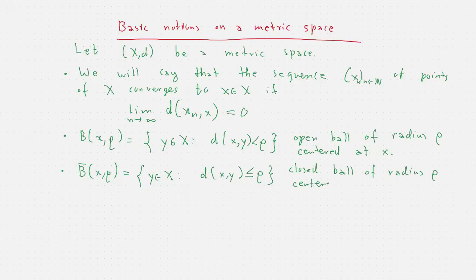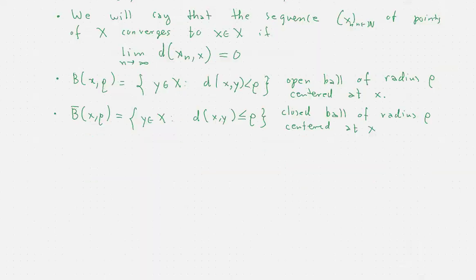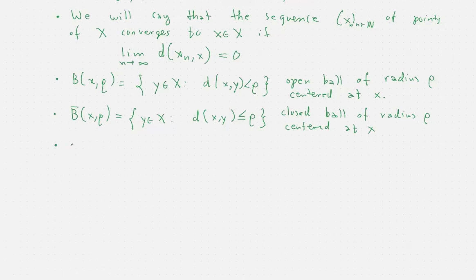And an open set in X is a set U with the property that along with any of its points, it has an open ball centered at any of its points.